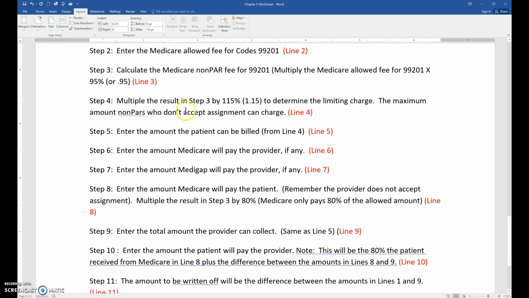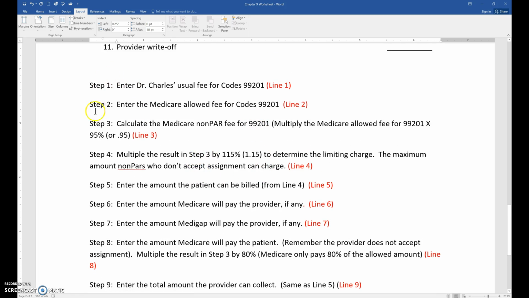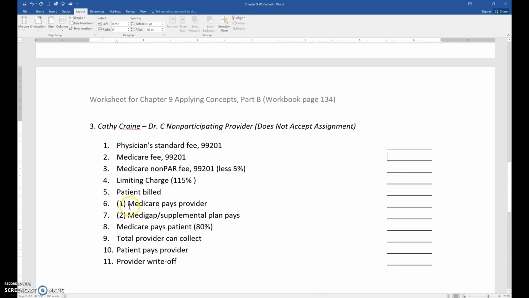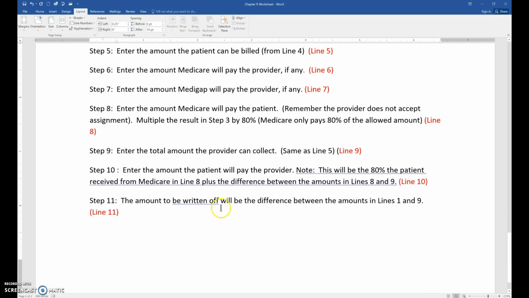I've told you which lines and which steps to refer to. Now when I say refer to a step, I'm referring to the information here. When I refer to lines, I'm referring to the lines up here. So be sure that you understand that. And I put in as many hints as I can to be sure that you are on the right track. So I hope that you will find this helpful as you complete your assignment for this week.